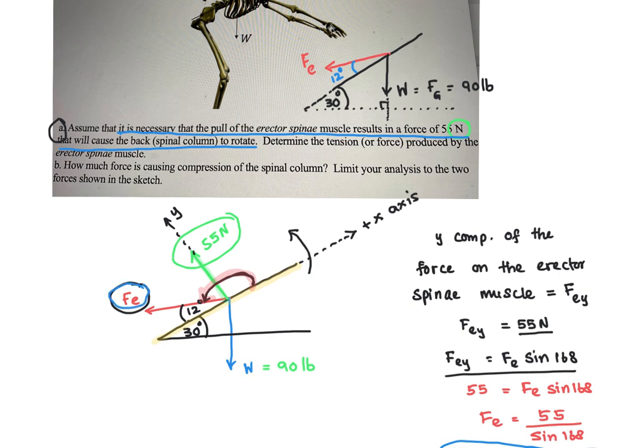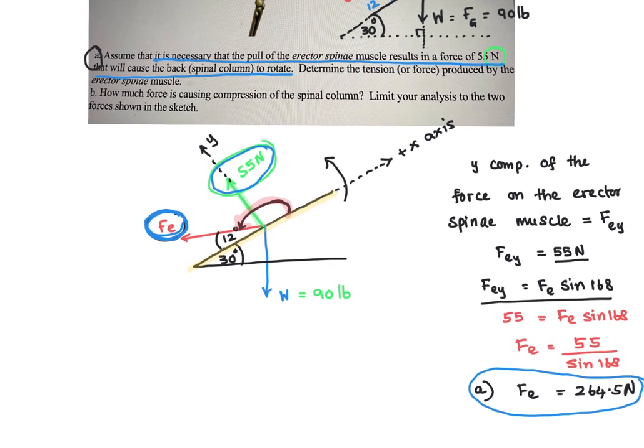That is the Fe that you see over here, and it is resulting in a 55 Newton force over here, perpendicular, so that the back actually can rotate in the counterclockwise direction. So as you can see, the wording is the part that you have to worry about, and let's go back and find out what is said in the second part.